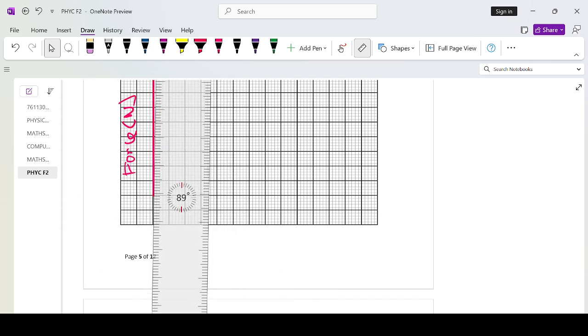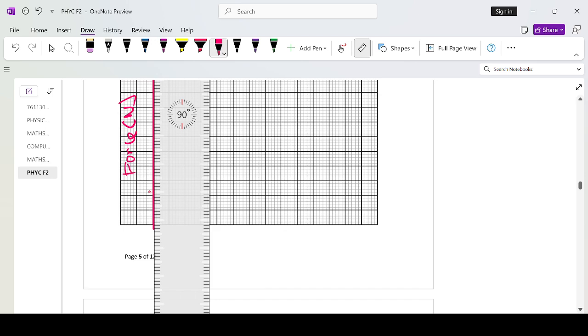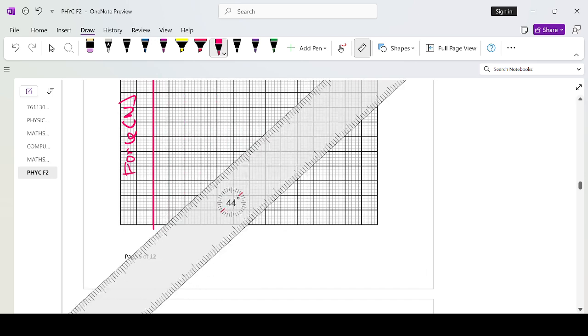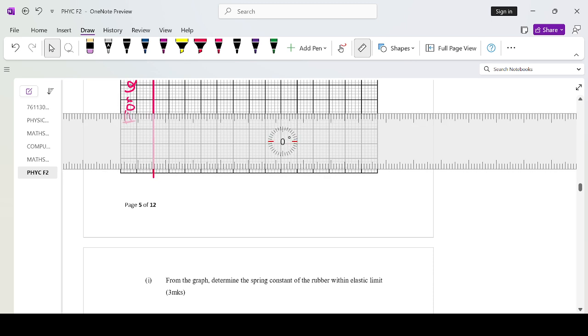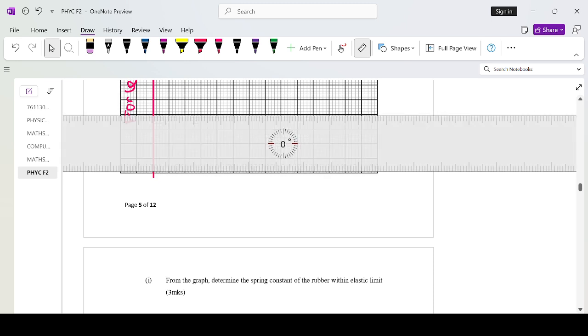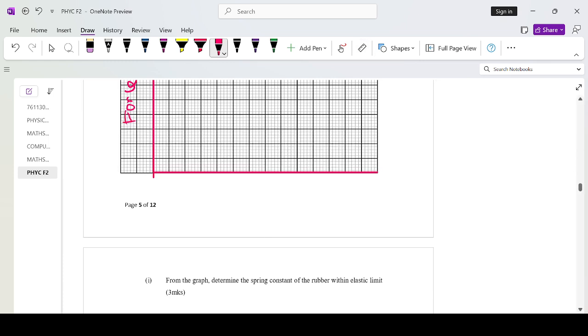Let me stretch it fully so that it's correct. Then I now have to do it like this. I'm sorry for that, but it's not that it's an error. It's just that sometimes it happens. That's why we advise you to do your drawings in pencils.